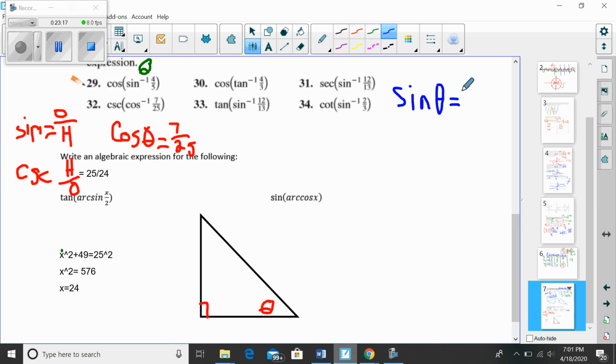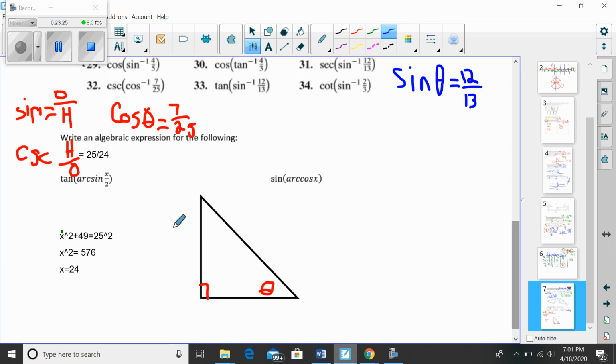For 31, the sine of theta is 12 over 13. Sine is opposite over hypotenuse, and I want to find the secant. Cosine is adjacent over hypotenuse, which means its reciprocal, secant, is hypotenuse over adjacent.